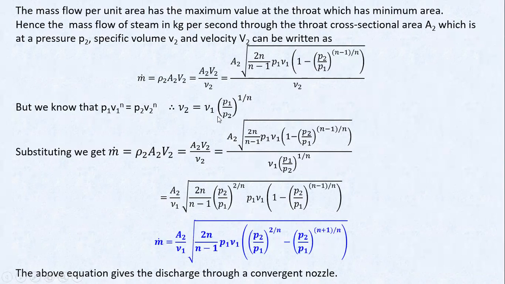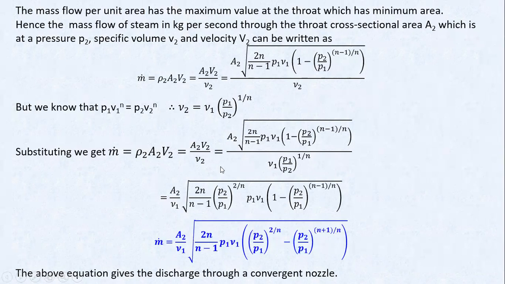We substitute this in the denominator. So what we get is A2 times the square root of 2n by n minus 1 P1 V1 multiplied by (1 minus (P2 by P1) whole power (n minus 1) by n), divided by v1 into (P1 by P2) power 1 by n.